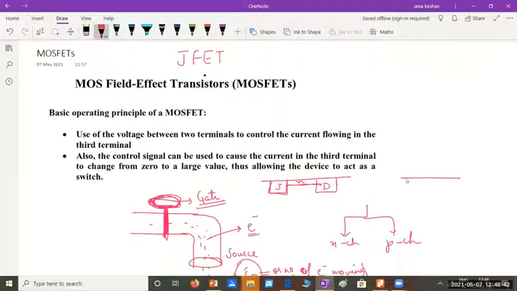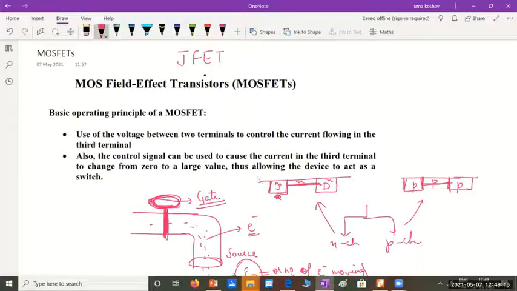And if the channel created between source and drain is of P-type, then it is called a P-channel MOSFET. And if the channel should be of N-type, the source and drain should also be of N-type material. Remember that. Only when the source and drain are made of N-type material, the channel will also be of N-type. And when source and drain are made of P-type material, the channel that is created should be of P-type.